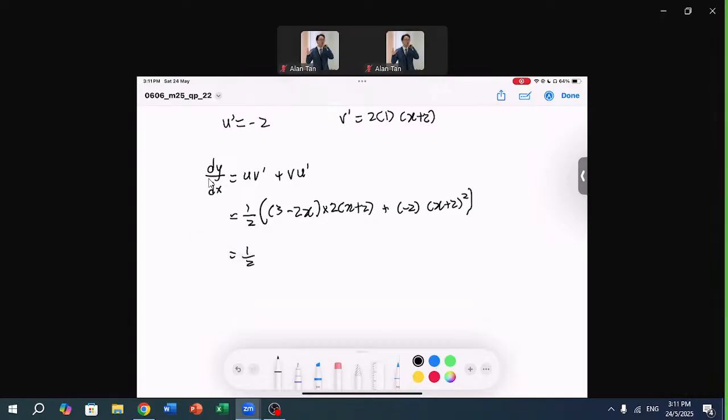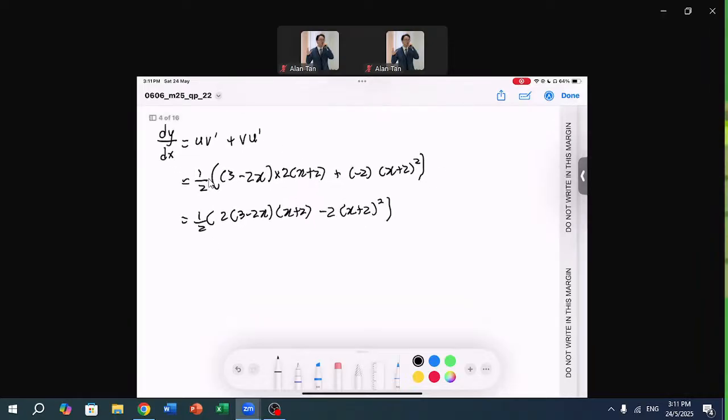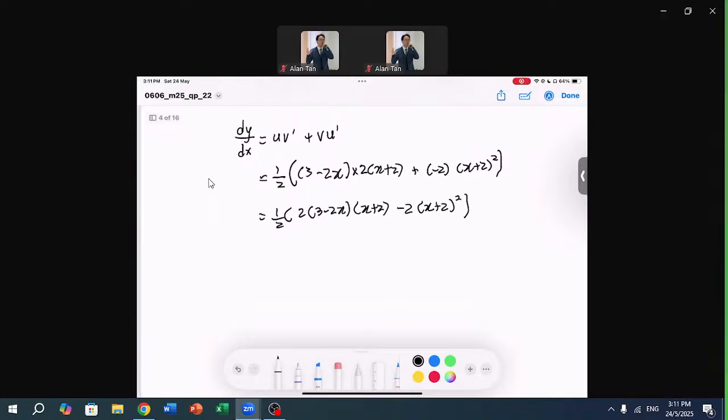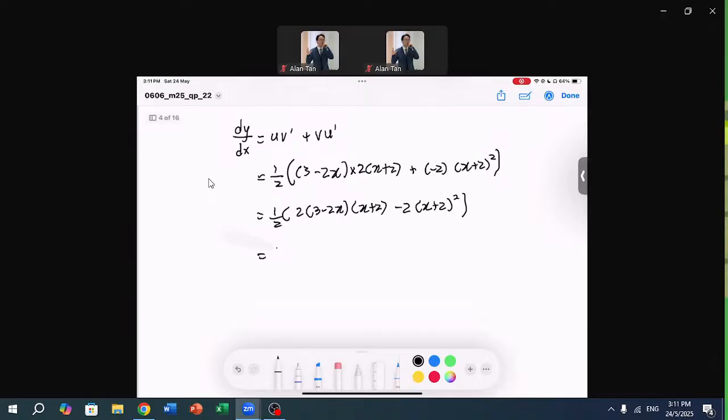Now 1 over 2. Now let's rearrange: 2(3 minus 2x)(x plus 2) minus 2(x plus 2) squared. Now you can see that there is a common factor of 2 in both of them, so let's factorize 2 out.